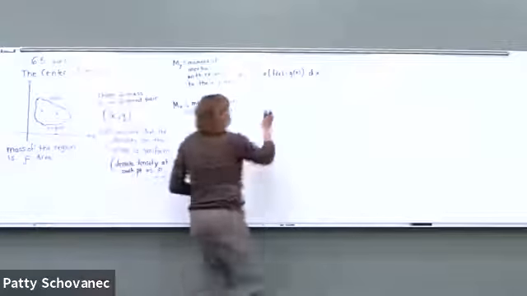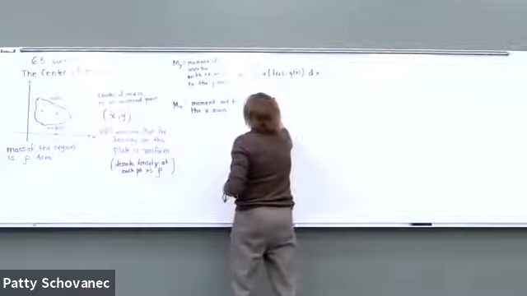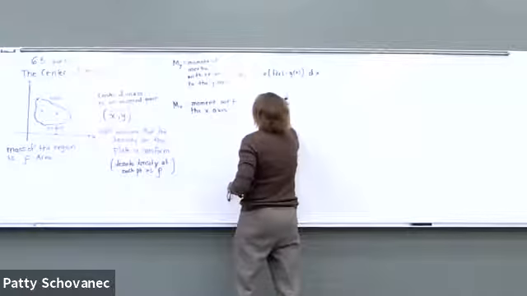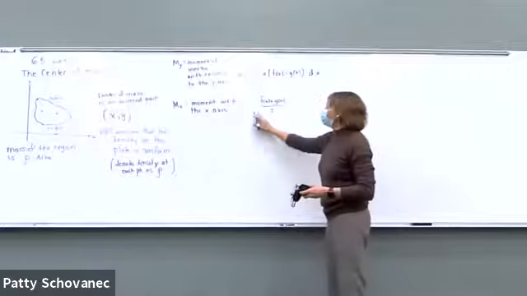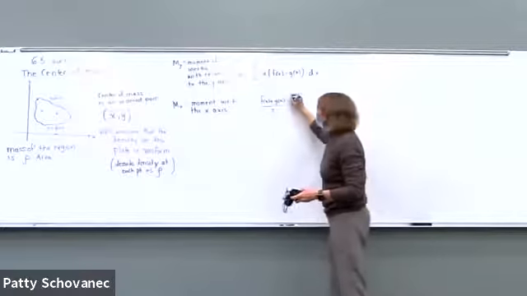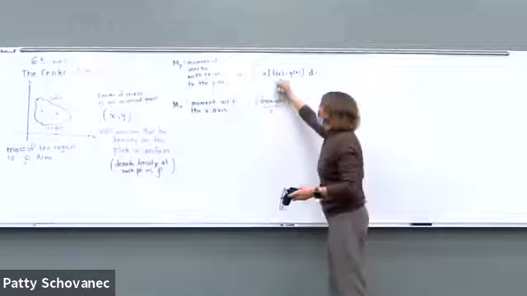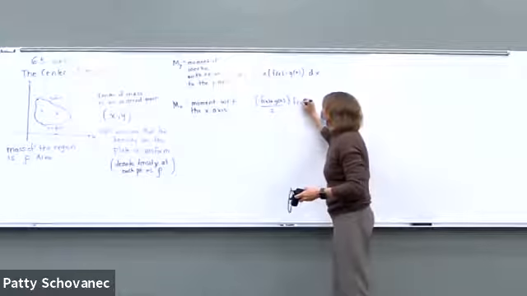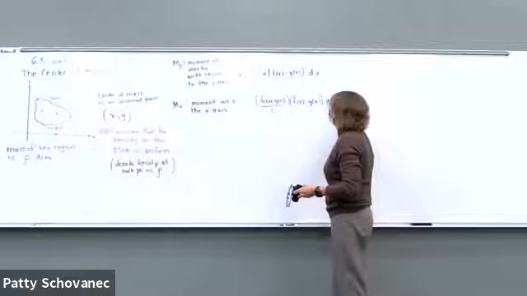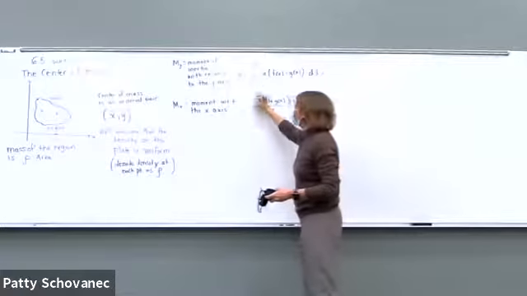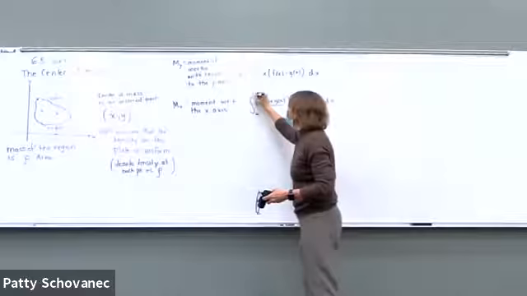So I average that distance. So instead of having an x here, I would have an average y. And then I take that average y and I multiply it with the area of the strip. And then I sum them up for each strip.